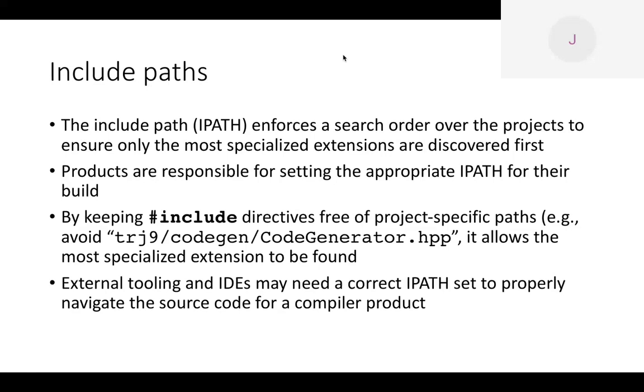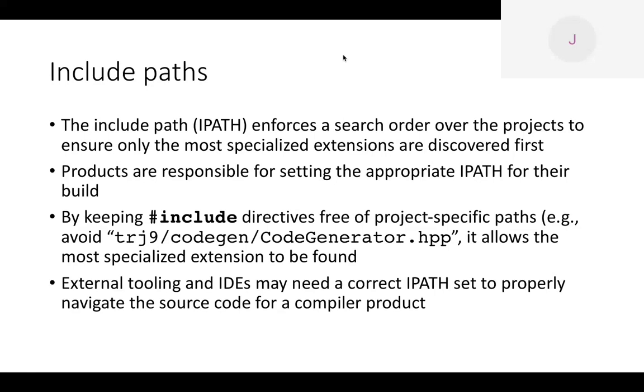The other little challenge with some of this, with the way that some of these files are put together, is that if you're really dependent on using an IDE for doing your development and for navigating your code, you may have to provide a specialized iPath for the very specific project that you're working on.